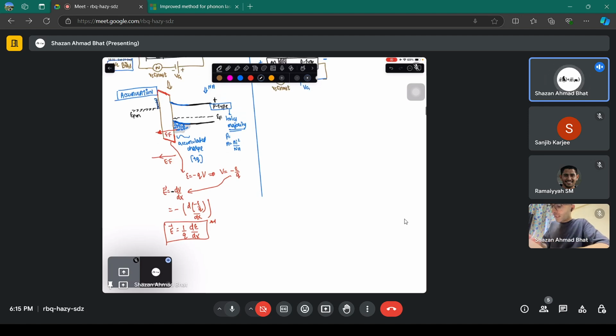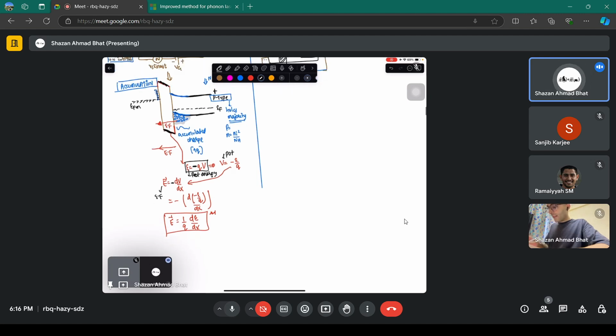Okay, because this particular thing is potential energy and not the potential. So that's why in the field direction it is increasing. It's opposite to that of the potential, because it's potential energy and there's a minus sign here. This is potential energy, this is potential, and this is electric field.